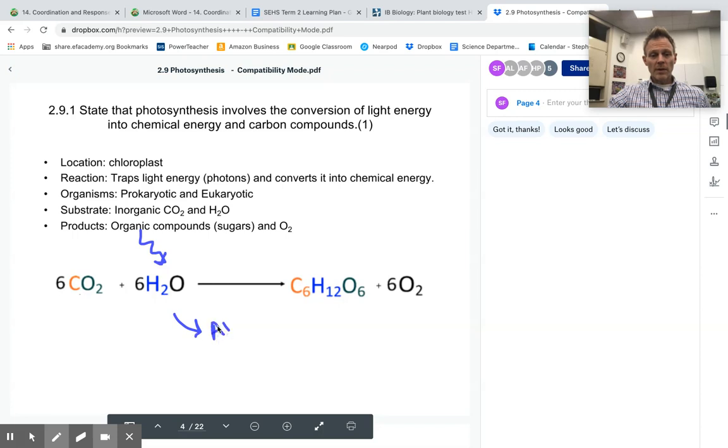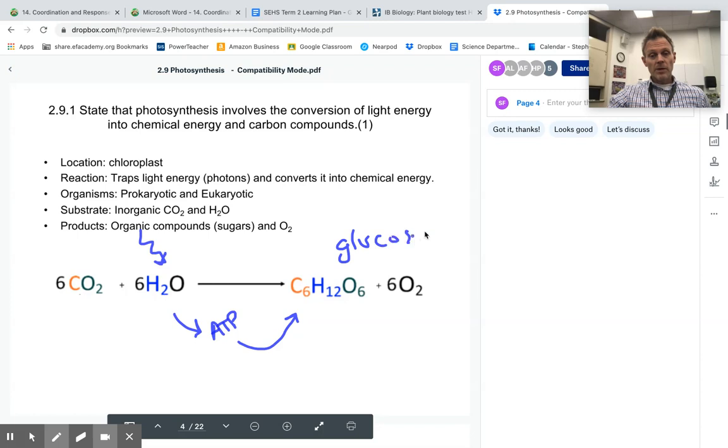We get ATP. And then ATP is used later, and we'll talk about these different reactions, the light and the dark reaction, which isn't the best terms. We use light-dependent and light-independent reactions in IB biology. And this ATP is used to make this molecule, which you should recognize as glucose.